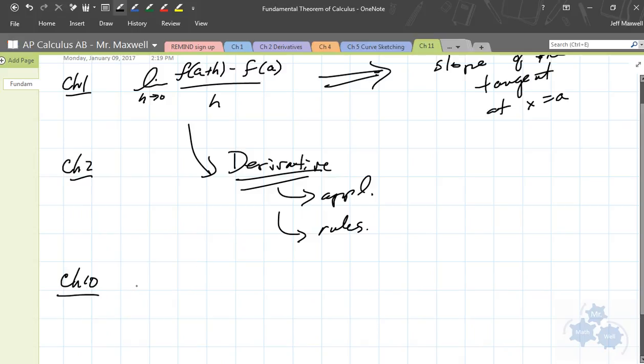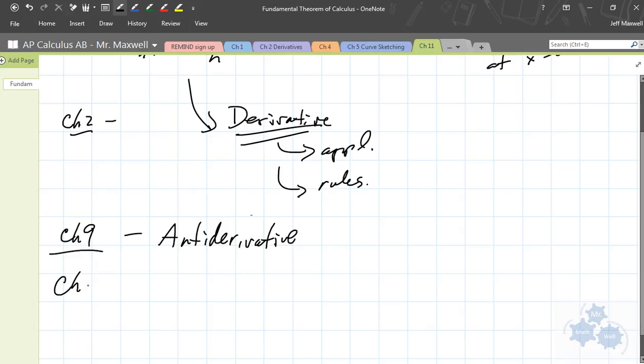What did we talk about in chapter... No, actually we got to go back to 9. Chapter 9, what did we talk about? 9.1 was the antiderivative. And in chapter 10, we said that antiderivative could be used to find what?